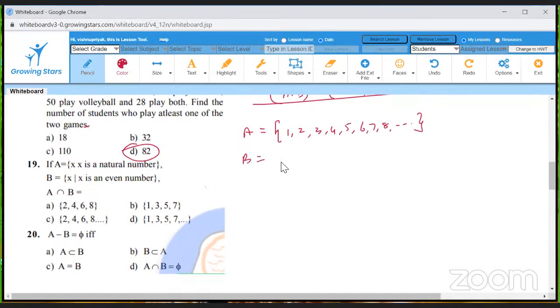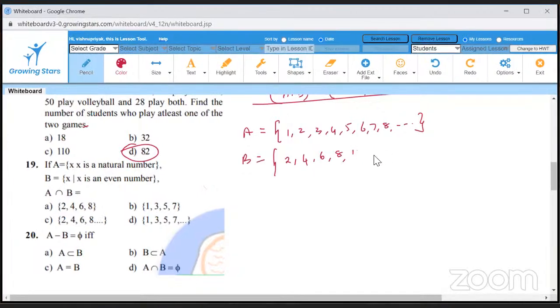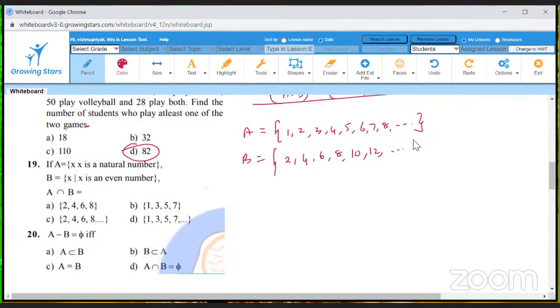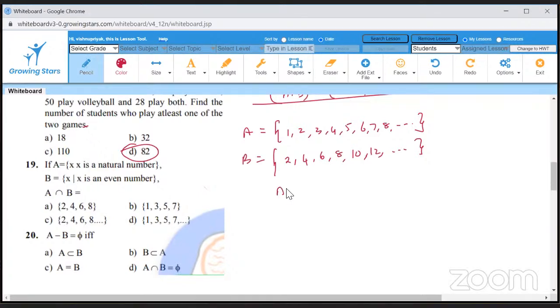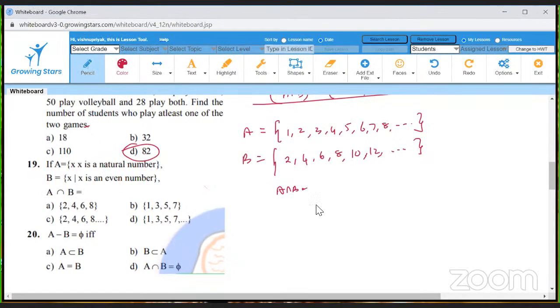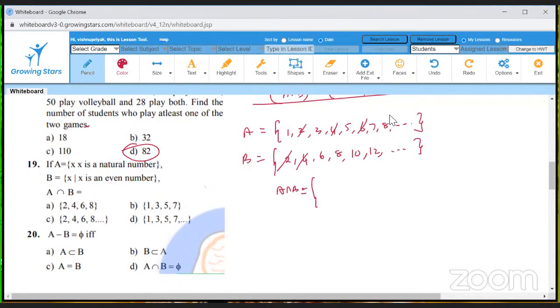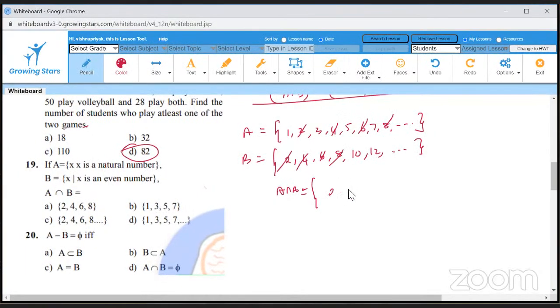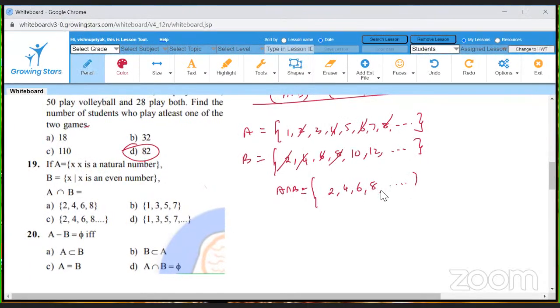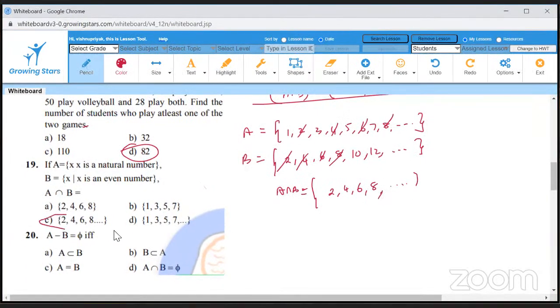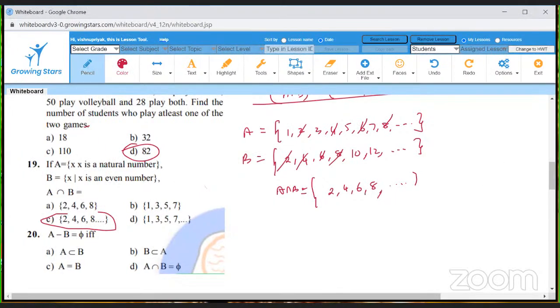B is even numbers: 2, 4, 6, 8, 10, 12, and so on, never ending. So when you take A intersection B common, it will be 2, 4, 6, 8, but it doesn't end here, it will continue. That is why not A, it has to be C.